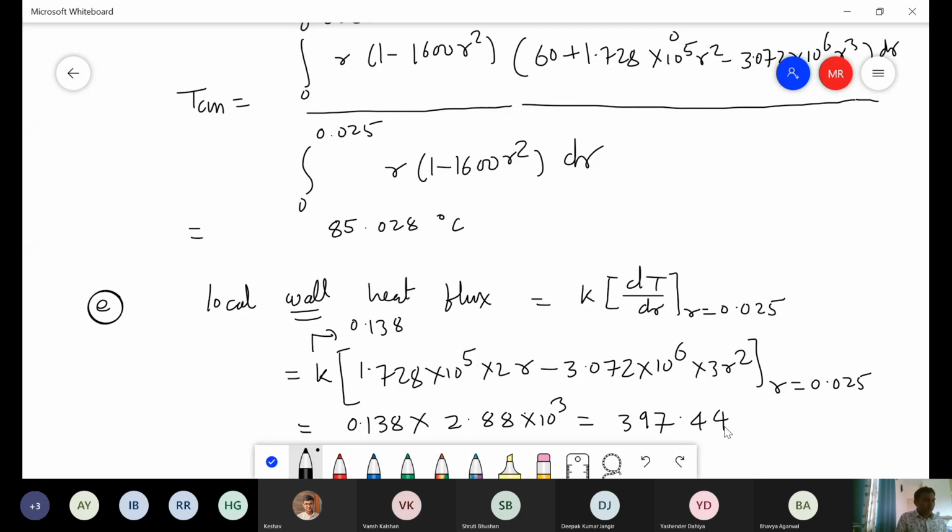Okay, so what we are getting here is the local wall heat transfer coefficient, and based on the local wall heat flux we have got, now we have to calculate the heat transfer coefficient, so that we can directly obtain it.